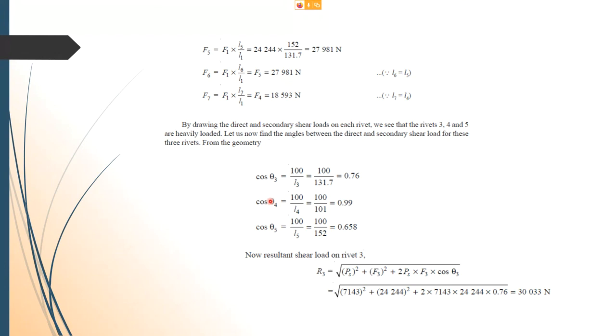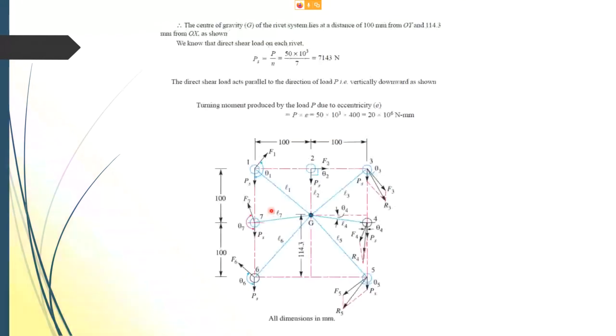Now, why only 3, 4, and 5? Based on the diagram, these three rivets are the closest to the P load applied here. So these three rivets will be subjected to the highest resultant force.